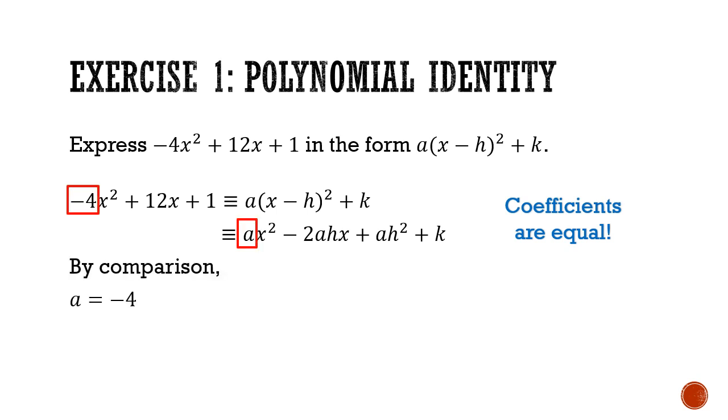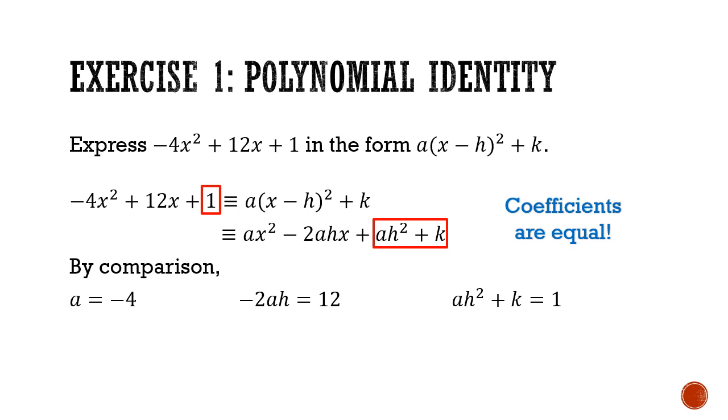So let's compare the x squared terms first. Negative 4 is equal to a. Well, we've solved a. If we look at the x terms, the coefficient 12 is equal to negative 2ah. Well, the constant term on the left side is 1, and the right side is ah squared plus k, so they are equal.